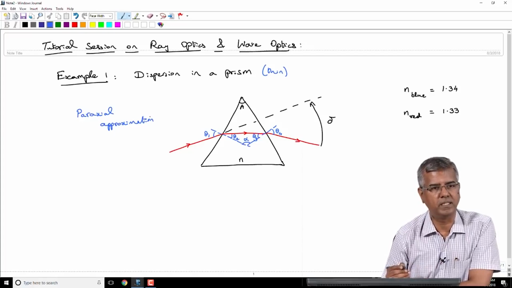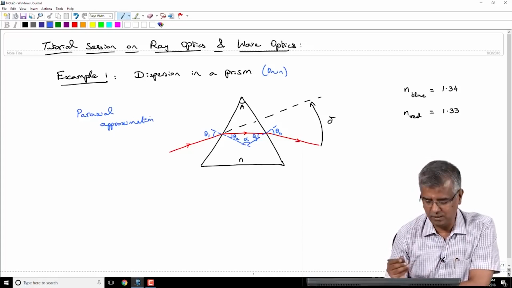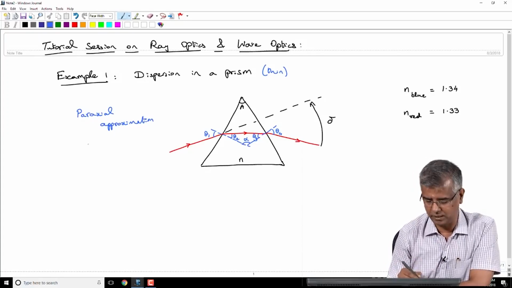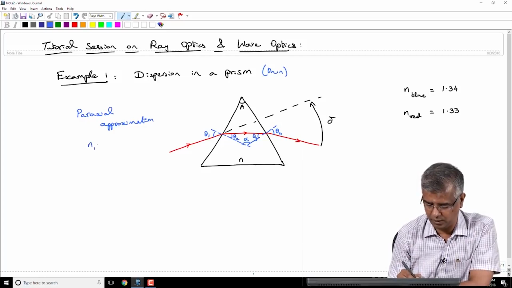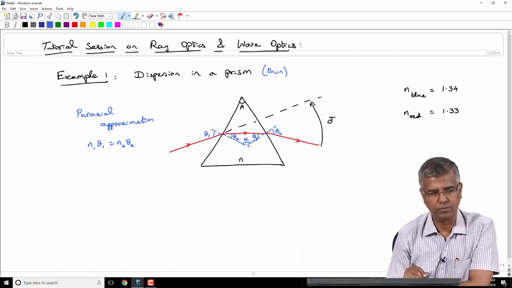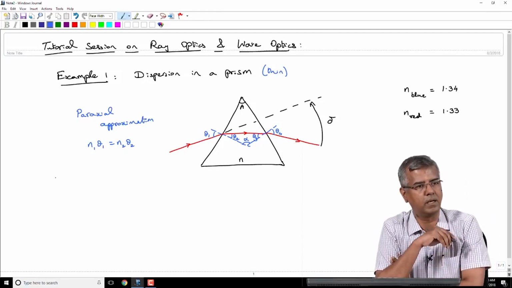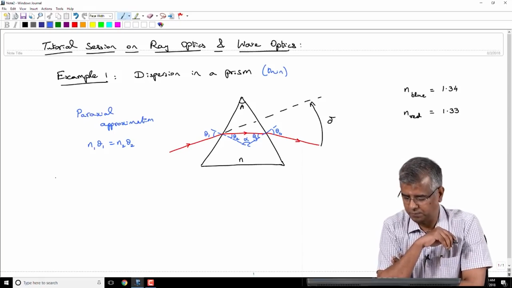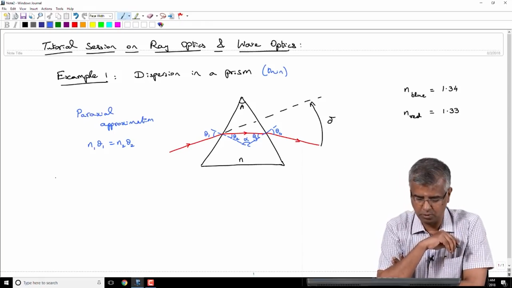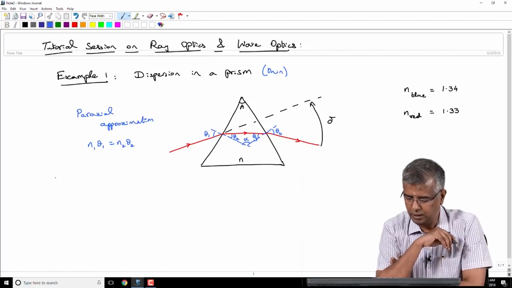What is the advantage of using the paraxial approximation? Of course, it makes our calculation simpler. So you have n1 theta 1 equal to n2 theta 2, so Snell's law becomes easier to compute.